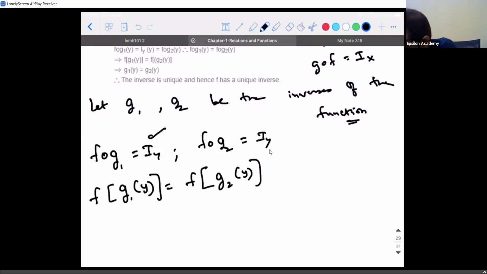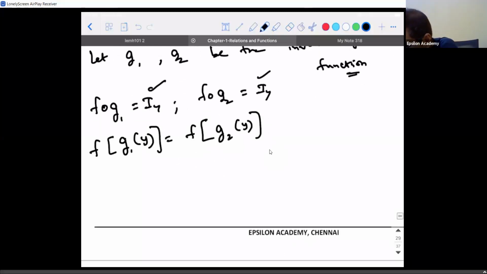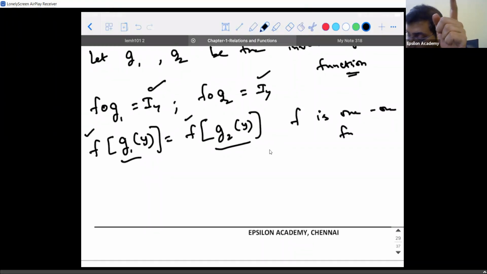Both are equal to I. Right-hand sides are the same, so left-hand sides will be the same. But what did they say about f? The point not to be forgotten: f is a one-to-one function. Since f is a one-to-one function, if f of x1 is equal to f of x2, then what can you say about x1 and x2?